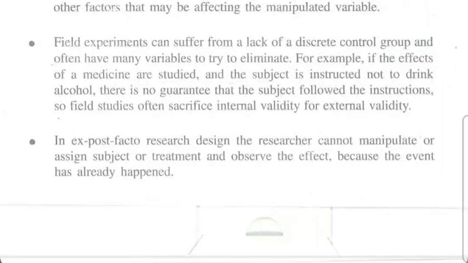For example, if the effects of a medicine are studied and the subject is instructed not to drink alcohol, there is no guarantee that the subject followed the instructions. So field studies often sacrifice internal validity for external validity. In ex post facto research design, the researcher cannot manipulate or assign subject or treatment and observe the effect because the event has already happened.